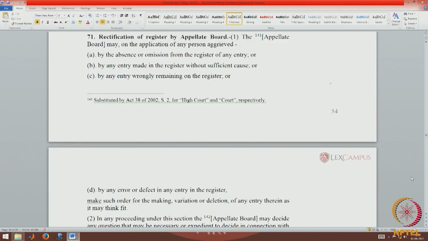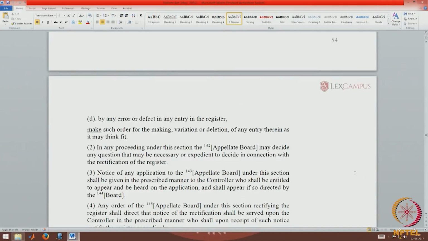Now, wrongly remaining on the register is like when a patent gets revoked and the revocation is not reflected in the register. So you could take a rectification to correct that. Or, any error or defect in any entry in the register.